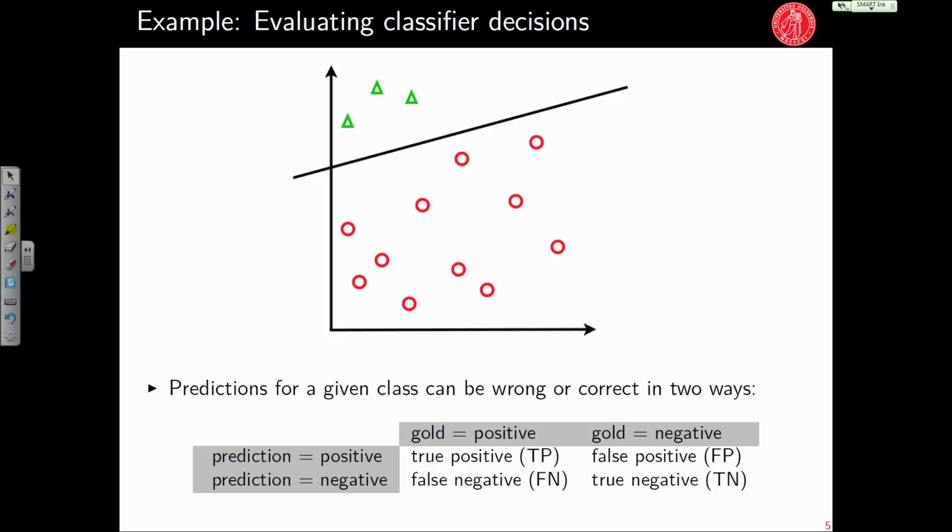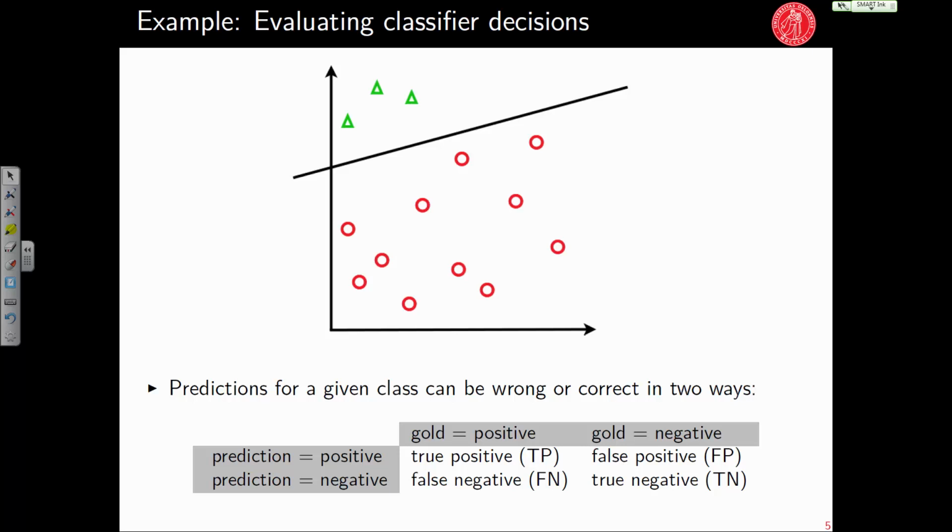Okay, so let's see how we can actually evaluate a classifier. Let's take an example that we can build on to explain the different measures that we're going to use. Let's assume that we have a spam filtering classifier, and these are our training data points. The points in the red circles are the non-spam emails, the legitimate emails.